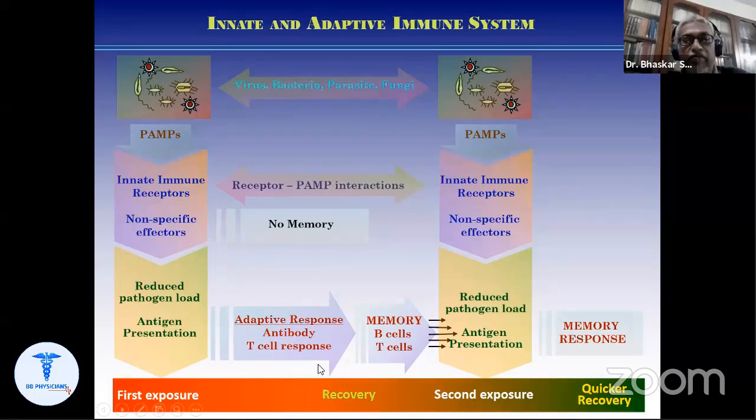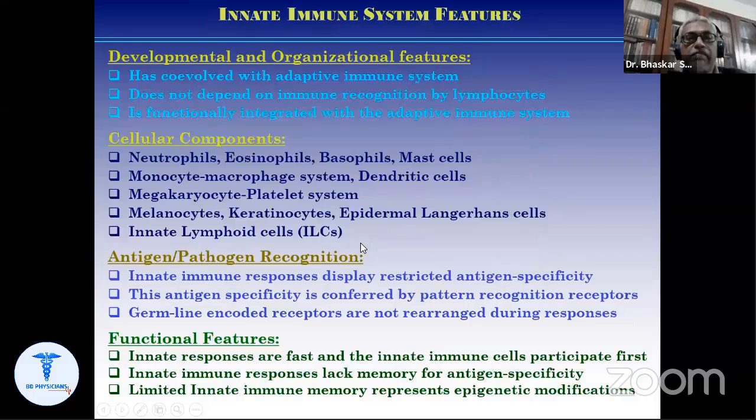Whereas in the adaptive immune system, the T cells and the B cells have antigen-specific receptors, and therefore once they live on as memory cells, they are ready to combat the antigens or pathogens during the second exposure. So basically, that is the difference between the innate and adaptive immune system.